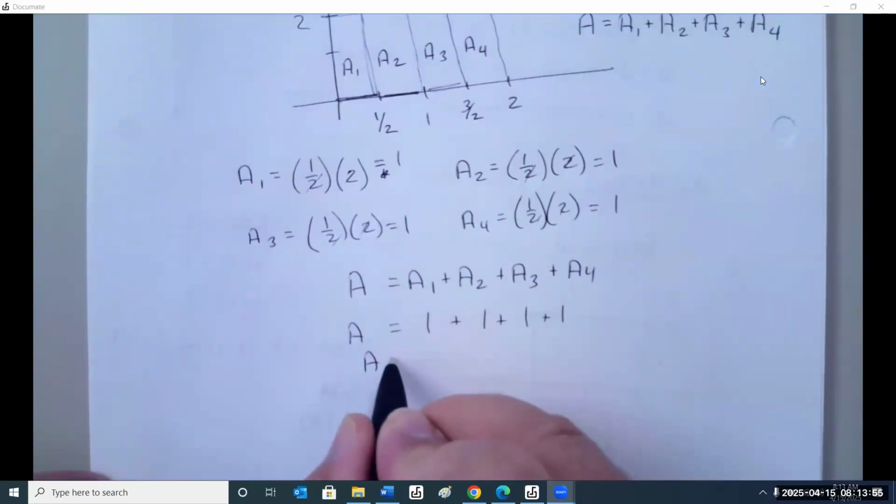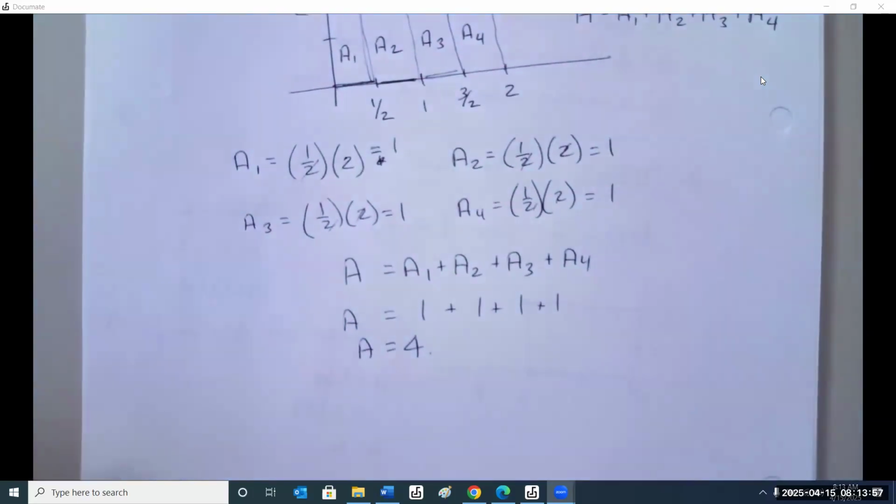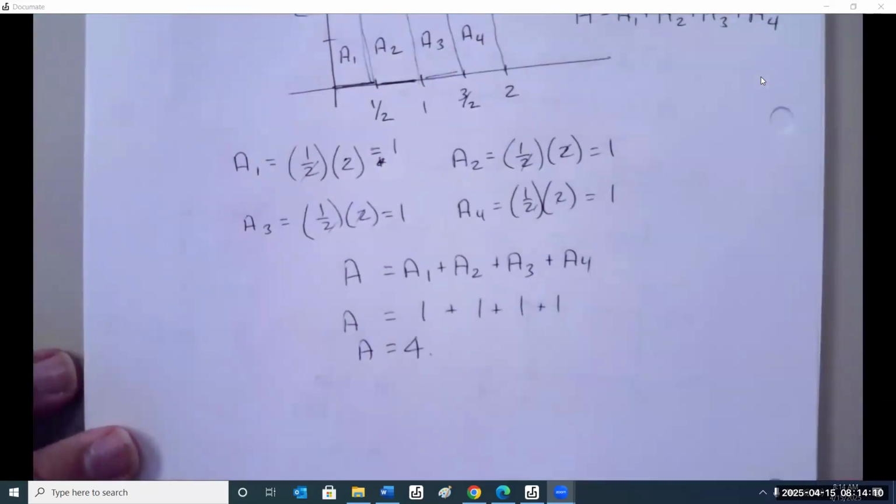So the area is 4. Same thing. And we keep on going. We can make these intervals a lot smaller. It's easy because we have a constant function, but not all functions are that simple.